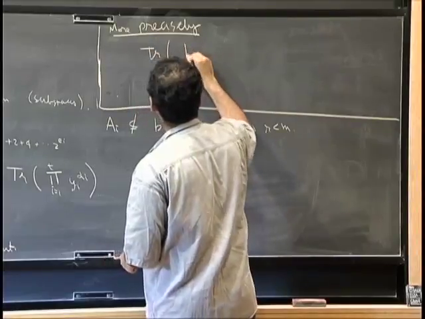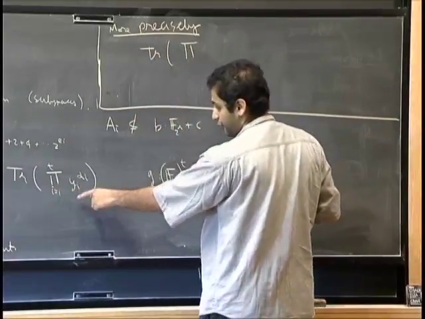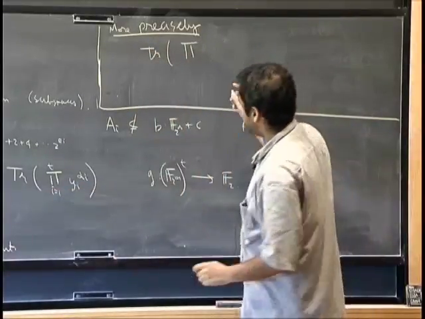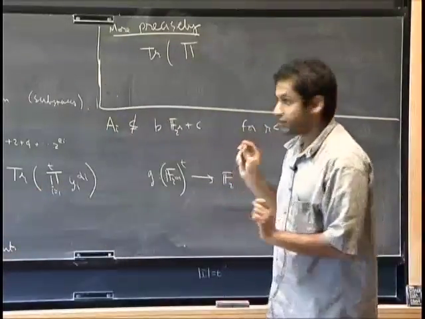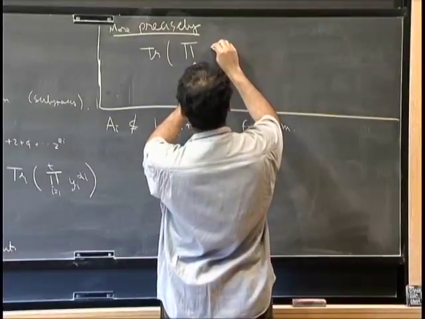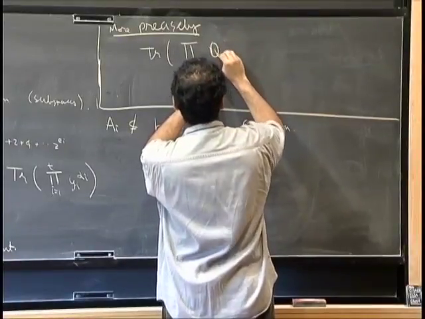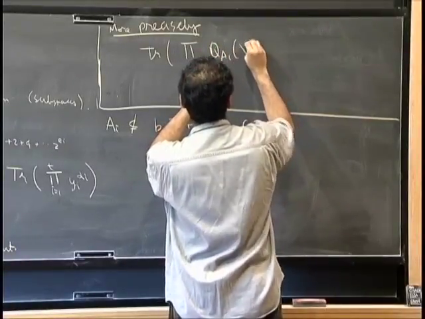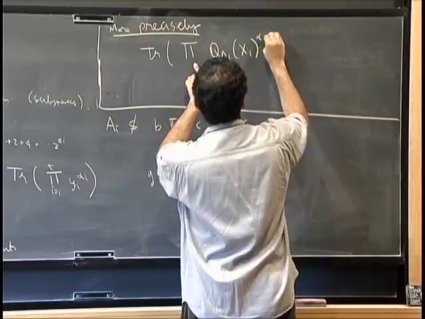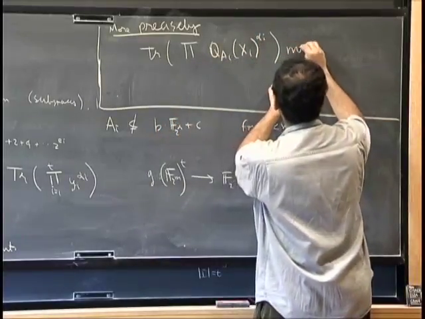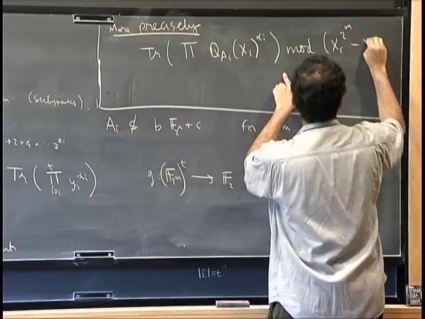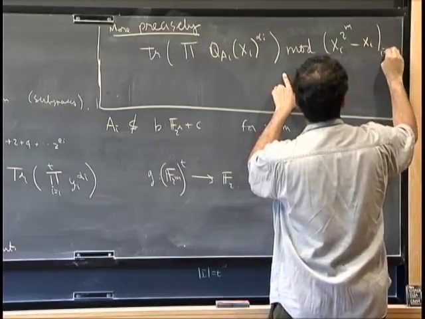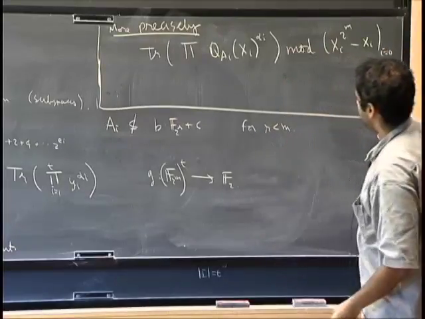More precisely, here I was looking at the trace of the product of y_i to the alpha_i, where y_i is varied over the subspaces A_i. Another way of talking about the same thing is to look at Q_{A_i} of x_i to the alpha_i mod x_i to the 2^m minus x_i. The product is over the whole field.